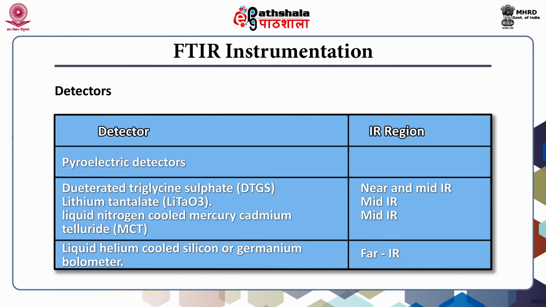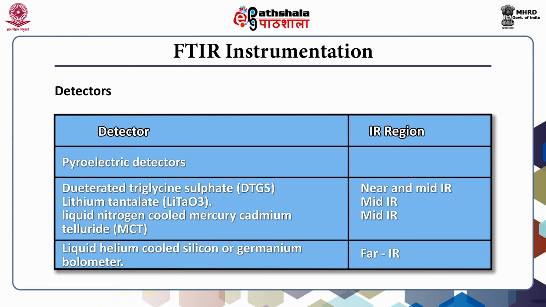For higher sensitivity or faster response, a cooled photoelectric detector is used. In the mid IR region, liquid nitrogen cooled mercury cadmium telluride, popularly referred to as MCT, is used. With this, an interferogram can be measured in as little as 10 milliseconds.